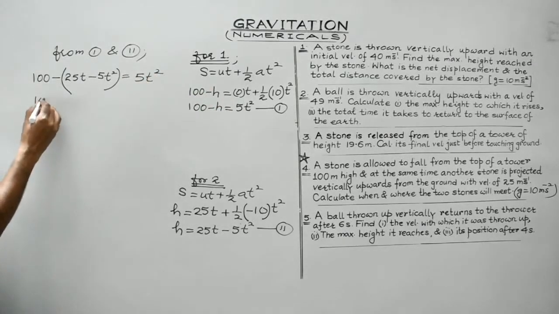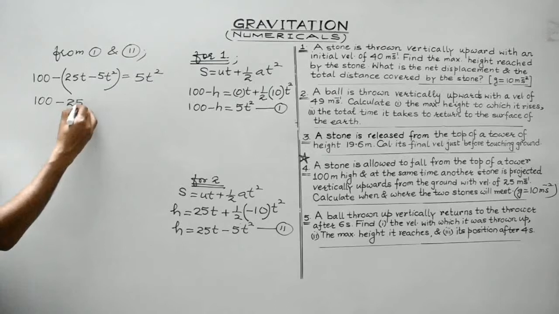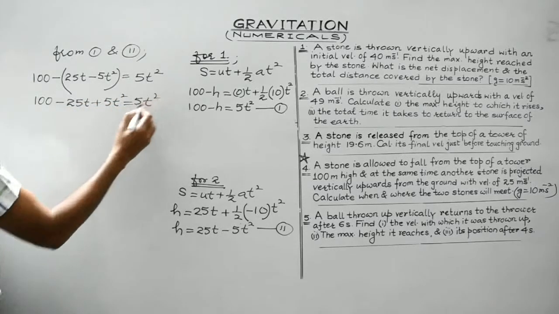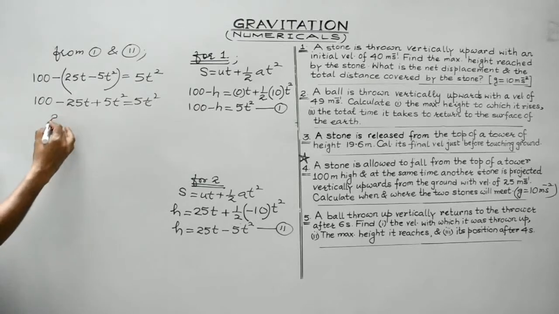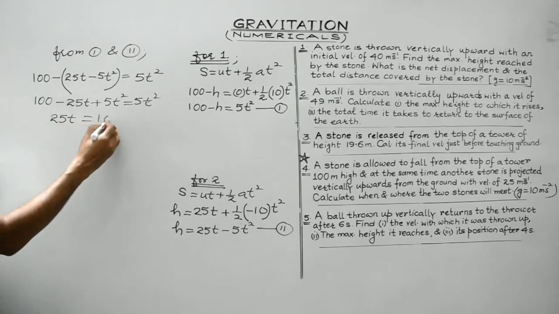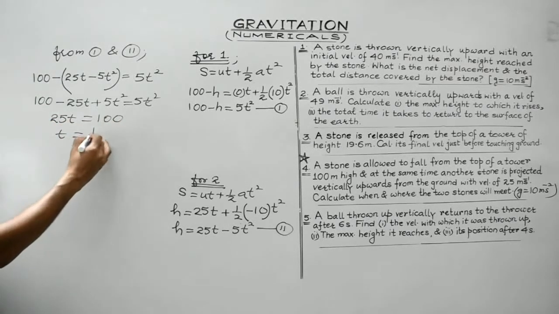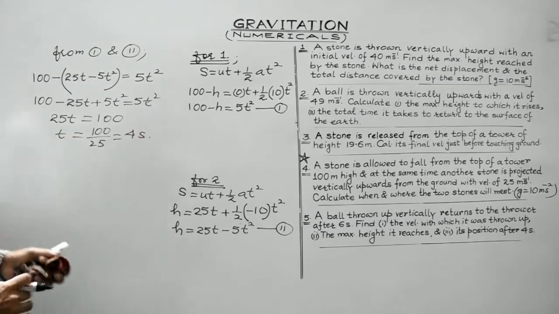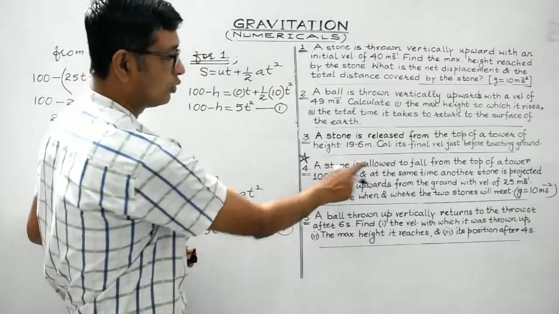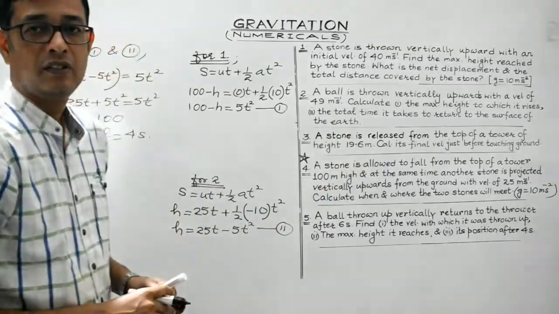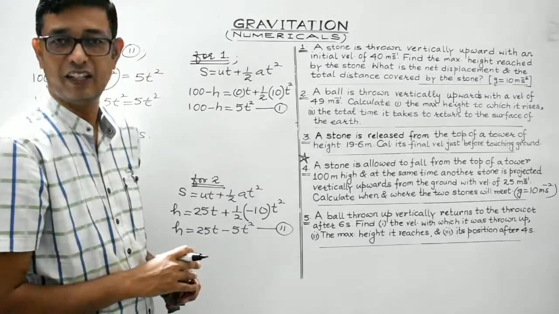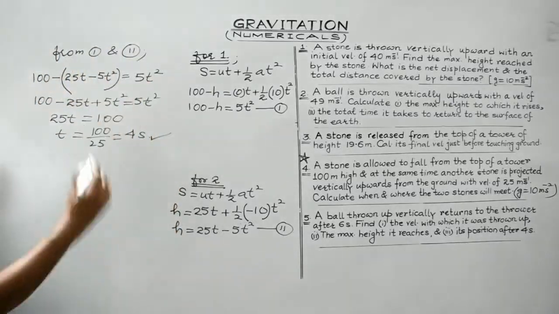So let's solve it. Open the bracket. 5t square gets cancelled, so we are left with 25t is equal to 100, or t is equal to 100 by 25, that is 4 seconds. So students, the two stones will meet after 4 seconds. Clear? So this is the answer of one of the parts.